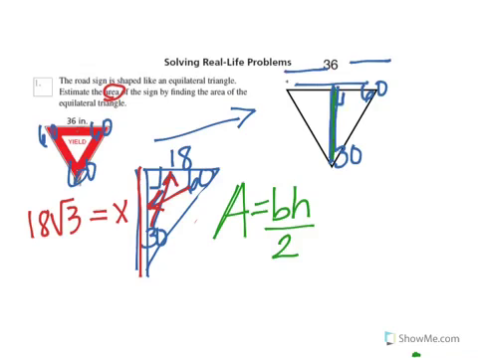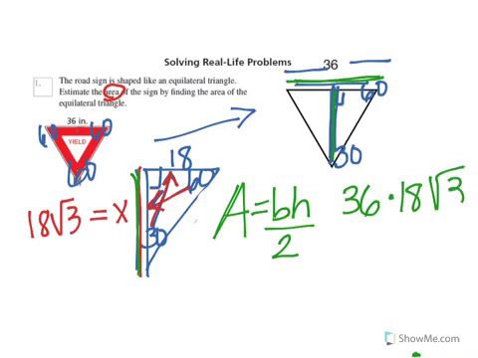So I have this one and this one. What was the length of the base? The length of the base was 36. And I know that my altitude, or the height right here, was 18 square roots of 3. Okay, and then I need to divide that by 2.